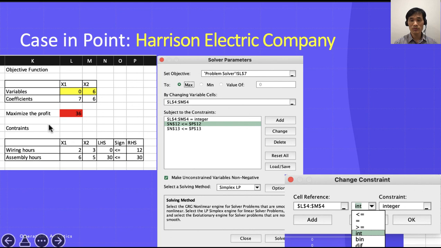Look at here: L4 and M4 are actually integers that I specified as a constraint, and I added these two constraints there and ran it, and then I found that 0, 6 was the best solution in this case.